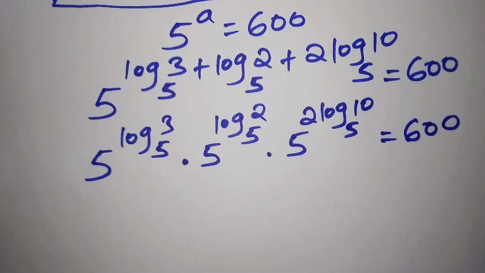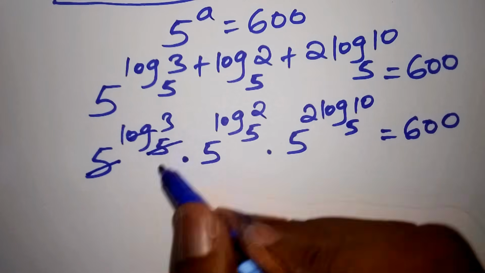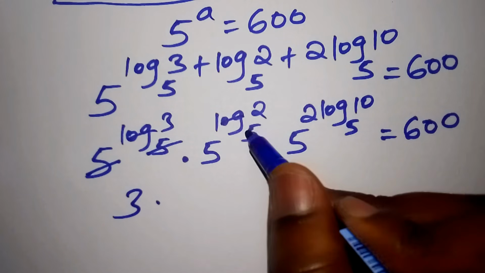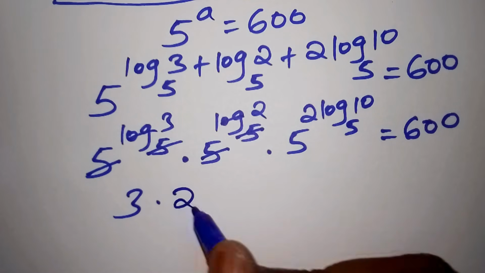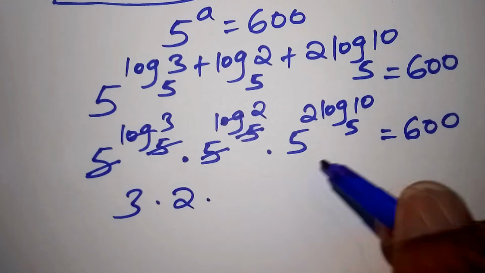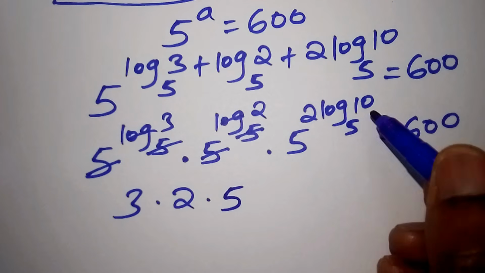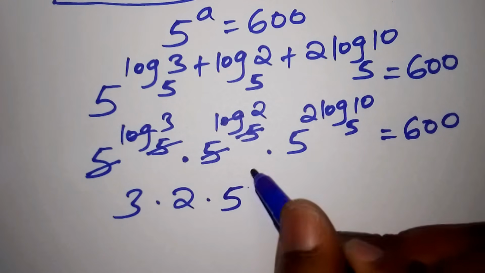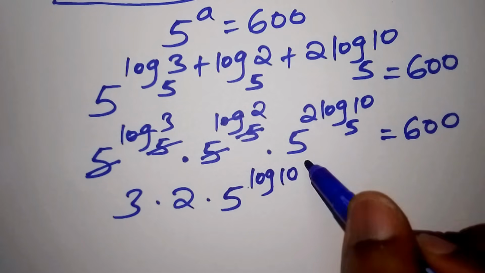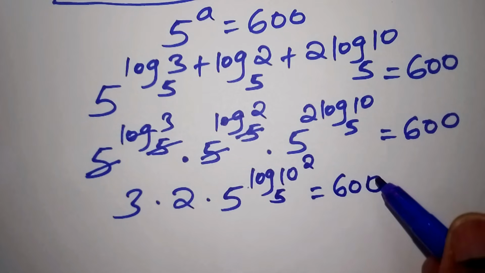So here now we shall work it out by saying that the log to the base of 5 shall cancel this 5, so now we shall remain with 3, then 3 multiplied by the log to the base of 5 cancel this 5, shall multiply by 2, then multiply by 5 to the power, which now shall be converted to the log of 10 to the power of 2 base 5 is equals to 600.